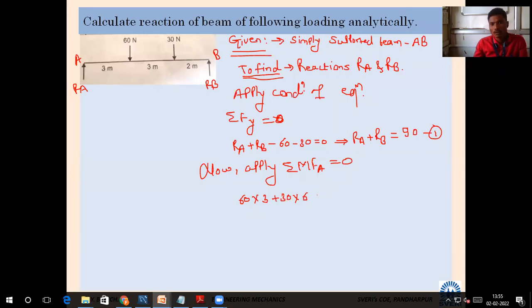Then RB is anti-clockwise, RB into 8, equal to 0. Therefore RB equals 60 into 3, 180, plus 180, 360, divided by 8, equals 40.